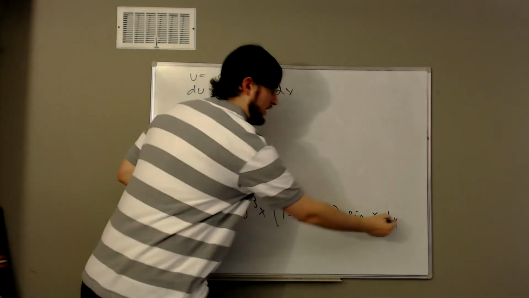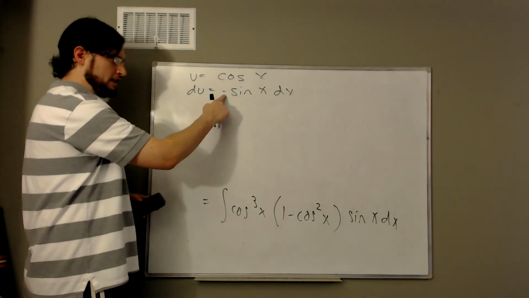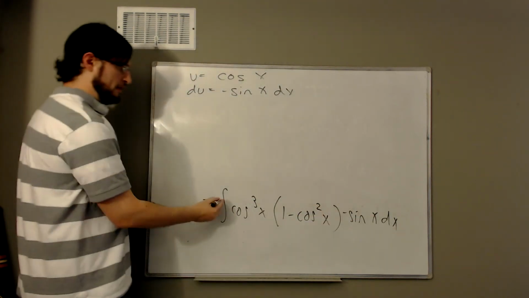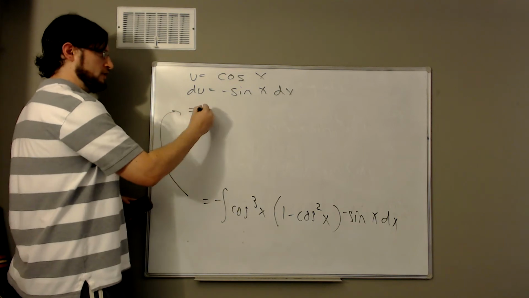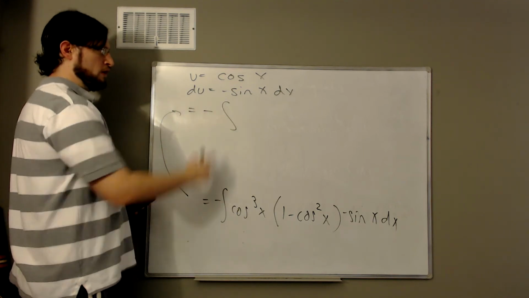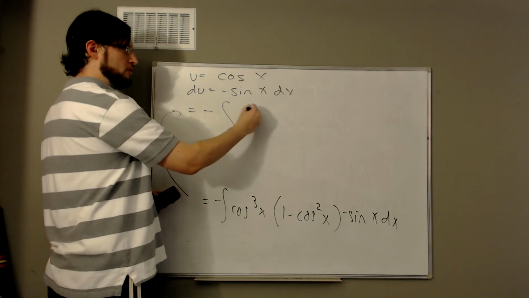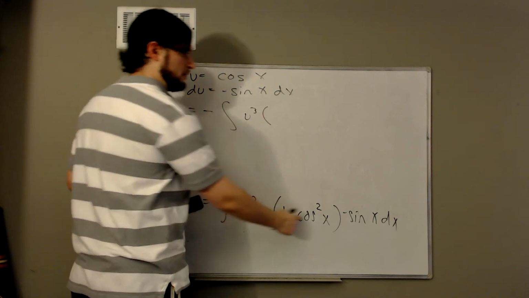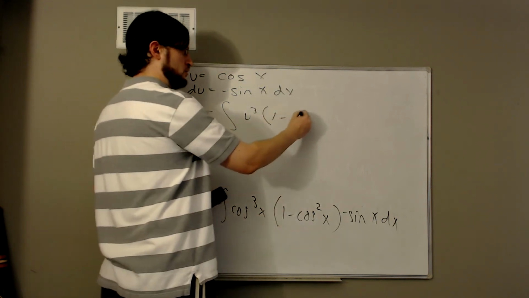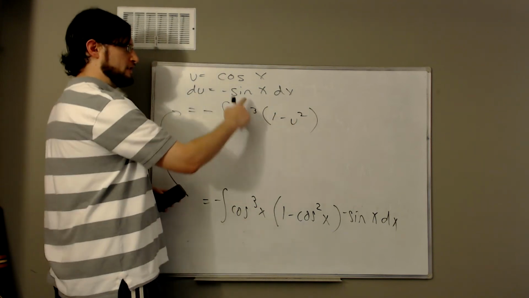So we see sine x dx, we need minus sine x dx, so we make a negative and we make a negative, as always. So negative integral, u is cosine, cosine cubed is u cubed, 1 minus cosine squared is 1 minus u squared, negative sine x dx is du.